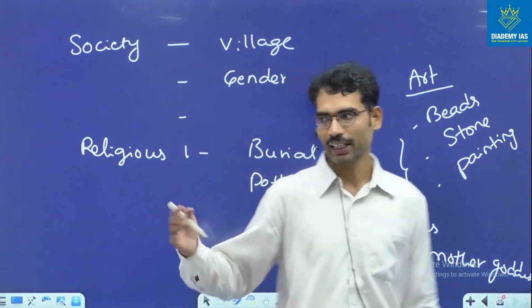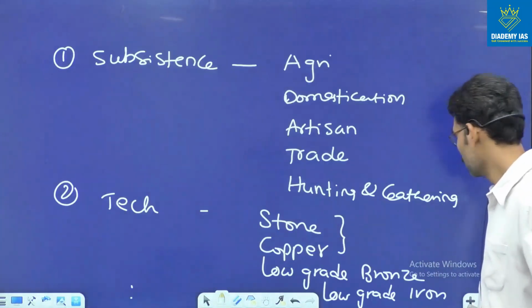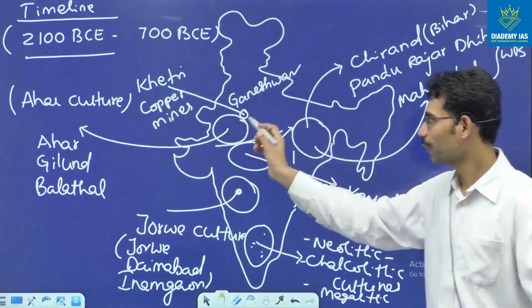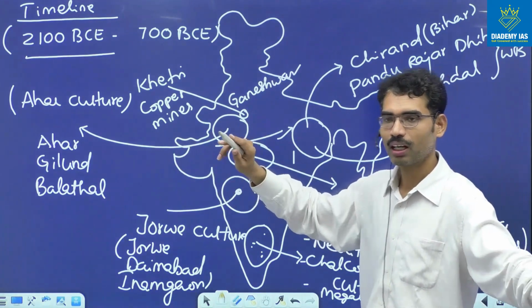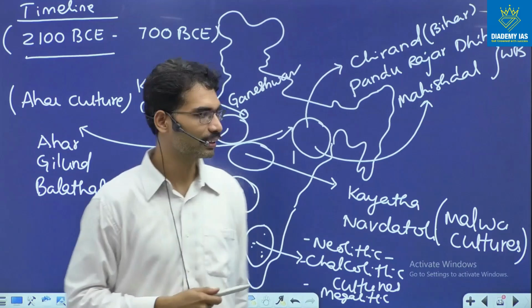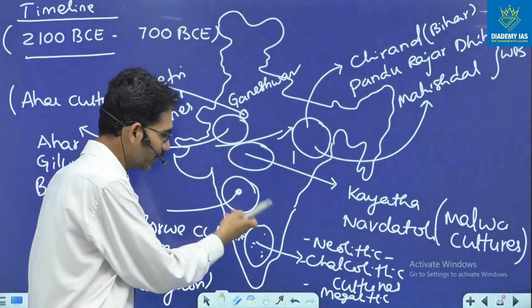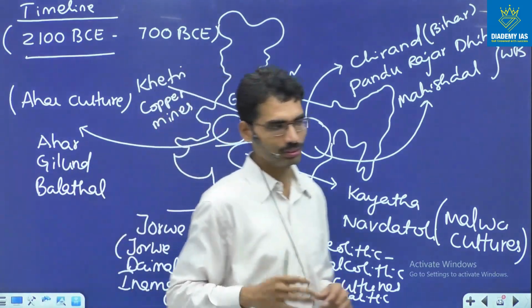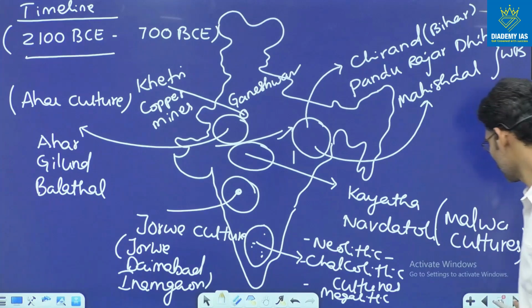When it comes to regional characteristics, we have to look in these places at what evidence, in what type of houses they lived, what type of subsistence pattern they were following, and what type of religious beliefs they were following. All those things we have to see. Just broadly mention this, we will stop here.